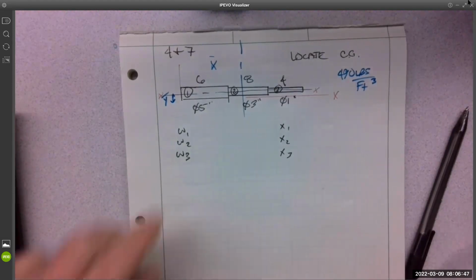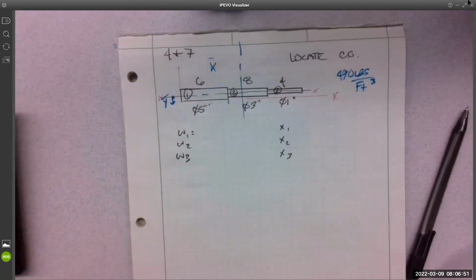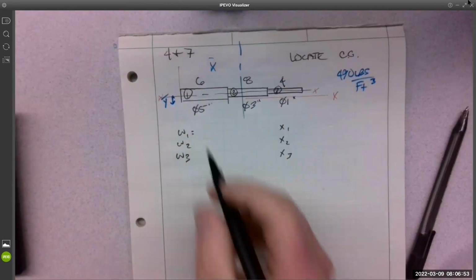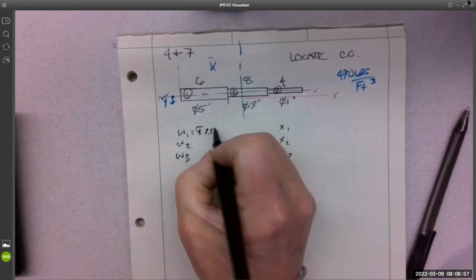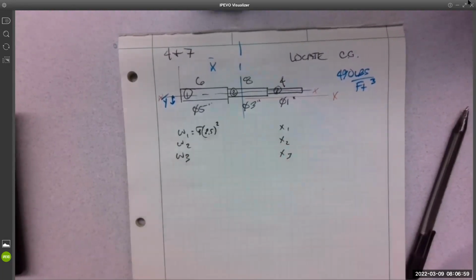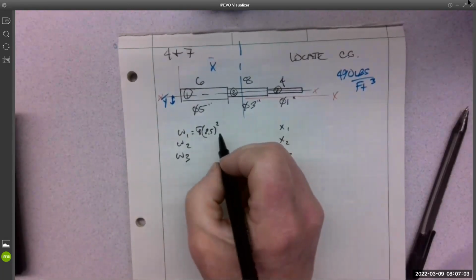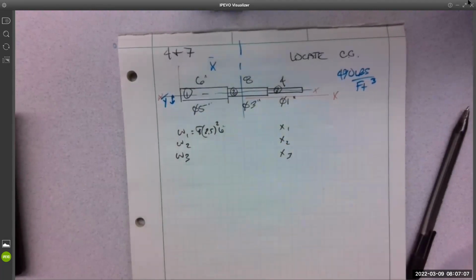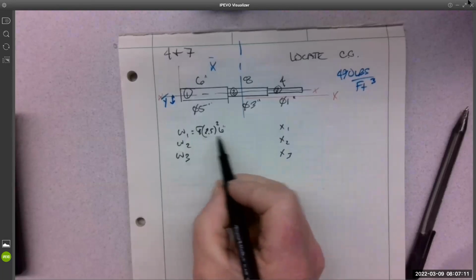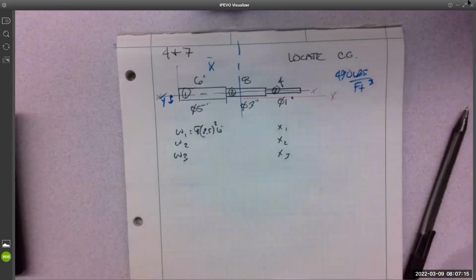All right. So weight of 1, I don't know if I gave myself enough room, but if I used pi, R would be 2.5 squared. So that's the cross-sectional area. And we multiply times its length, 6 inches. And then we'd multiply times the weight of the thing. So if you put it in inches and you got this at 490, something's got to get converted, right?